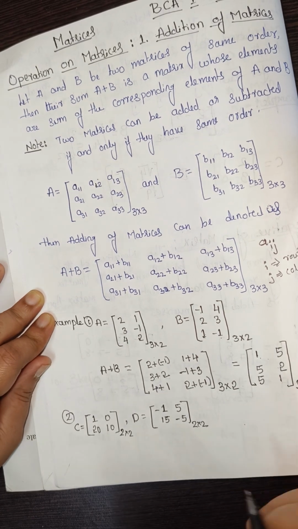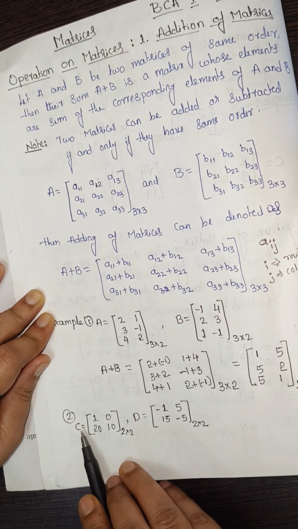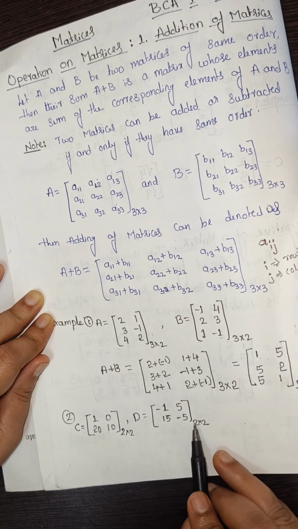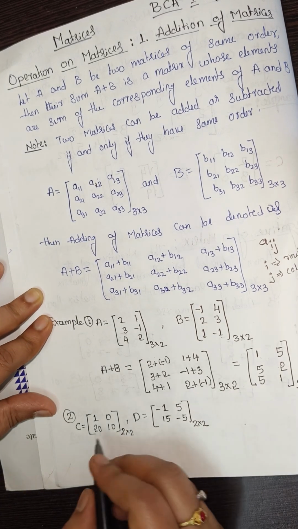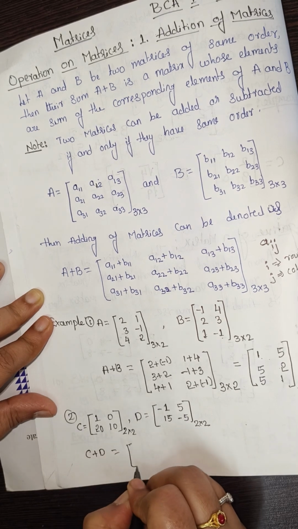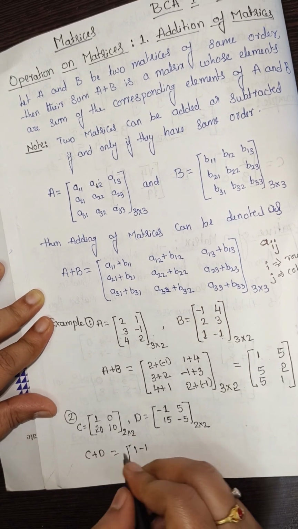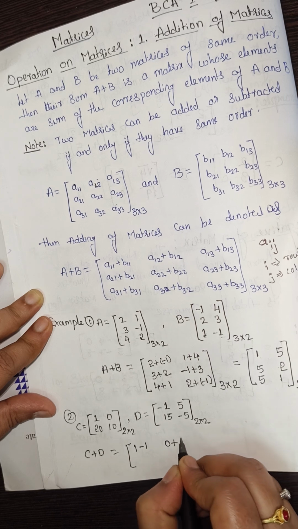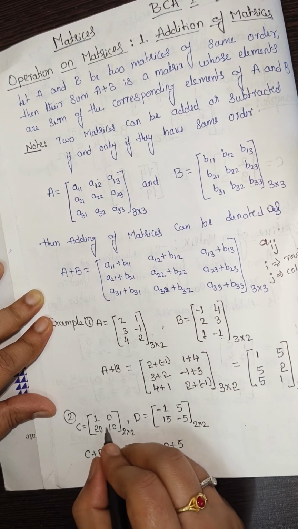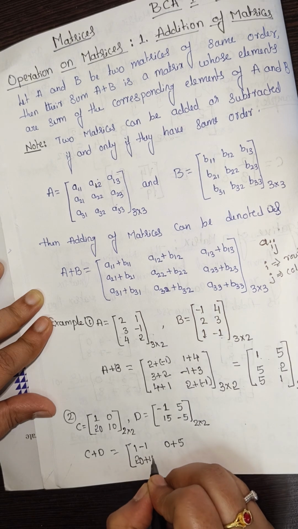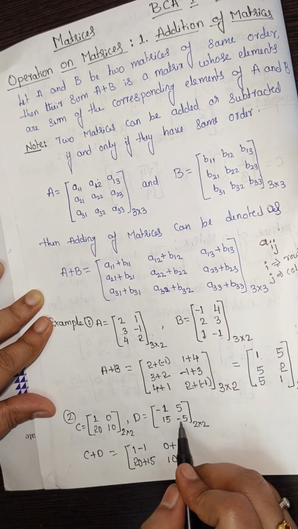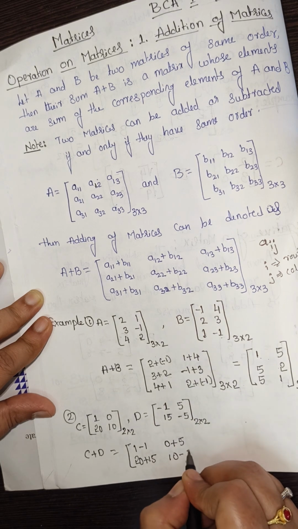We will see another question. Matrix C is 1, 0, 20, 10. It's a 2 by 2 matrix. D is also a 2 by 2 matrix. So C plus D will become 1 minus 1, 0 plus 5, 20 plus 15, 10 plus of minus 5. Anyhow, plus of minus will come minus only, so I will write directly minus 5.